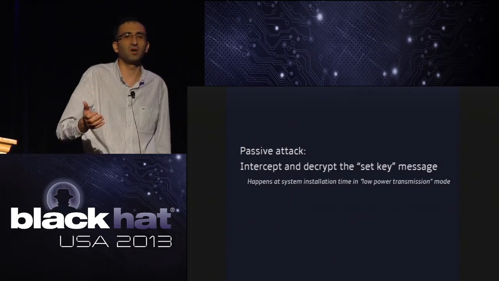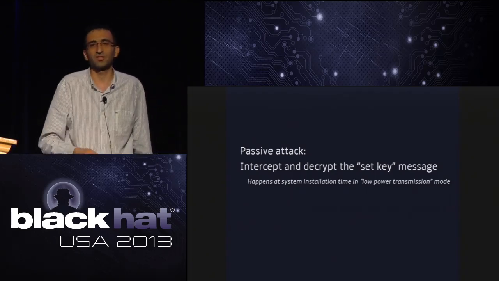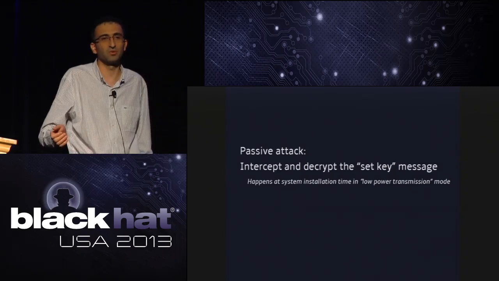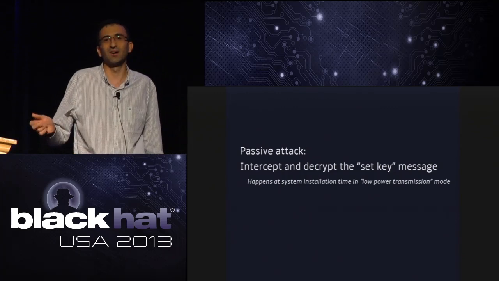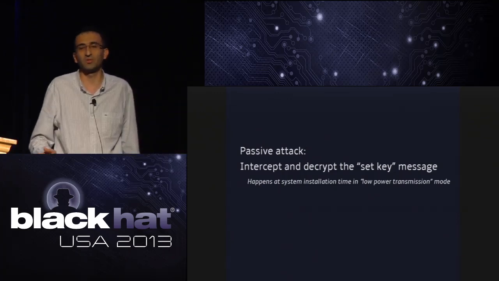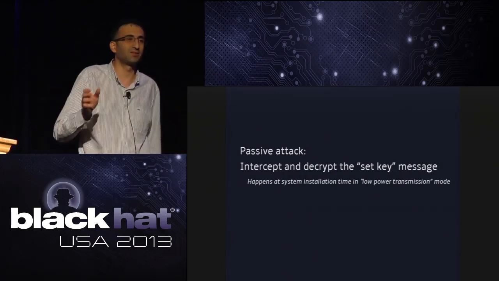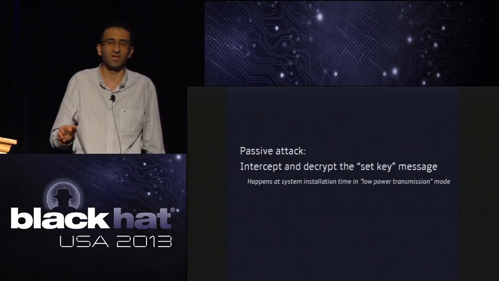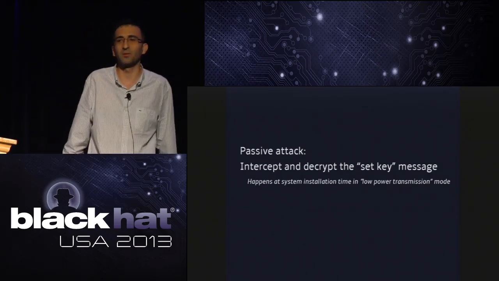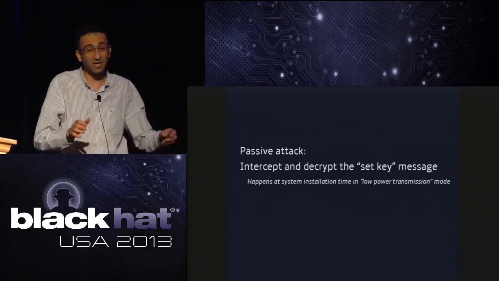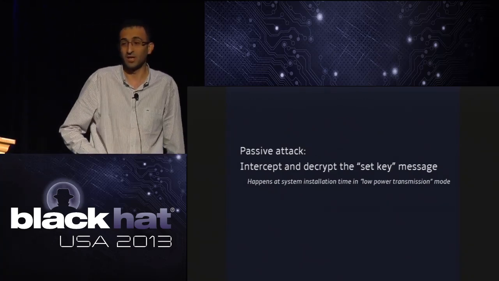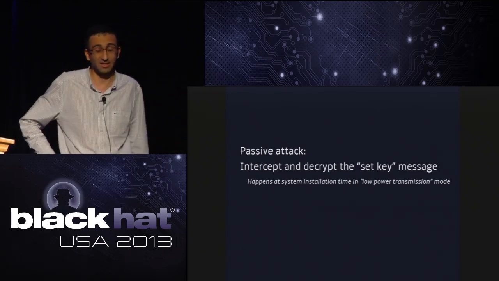However, this only happens at the system installation time. When you buy a new door lock, it just takes 5 or 6 seconds to insert it into your network. And the other measure that Z-Wave devices use against this attack is low power transmission. When they run this protocol, they operate in low power transmission, so an attacker needs to be very close to both devices to be able to mount this attack.